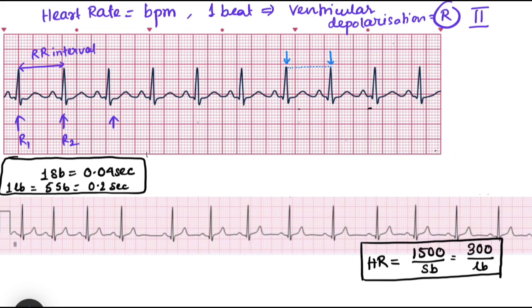So the heart rate will be 1500 divided by the 16 small boxes that we determined, which is 93.7, or approximately 93 beats.